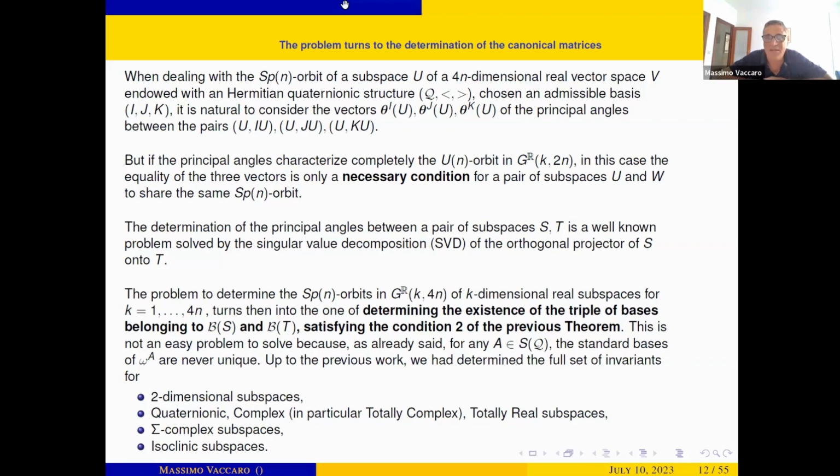In this case, the equality of the three vectors is only a necessary condition for a pair of subspaces U and W to share the same Sp(n) orbit.